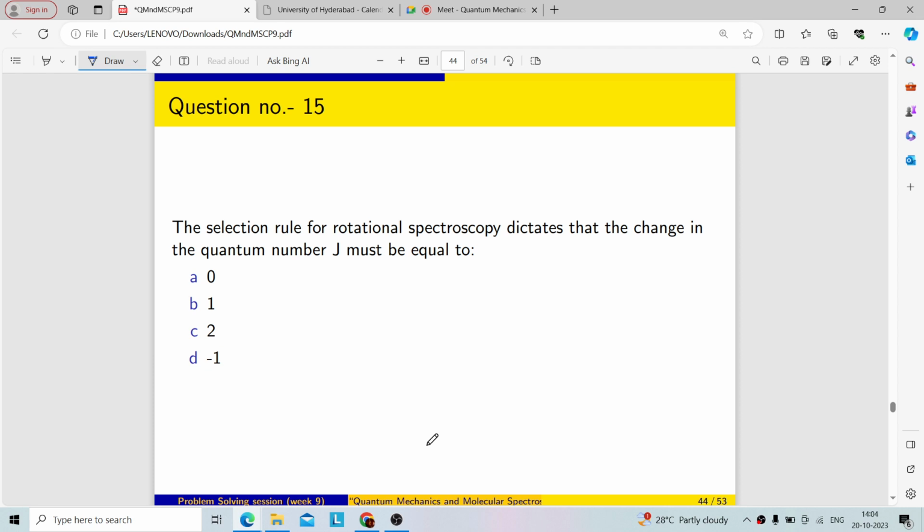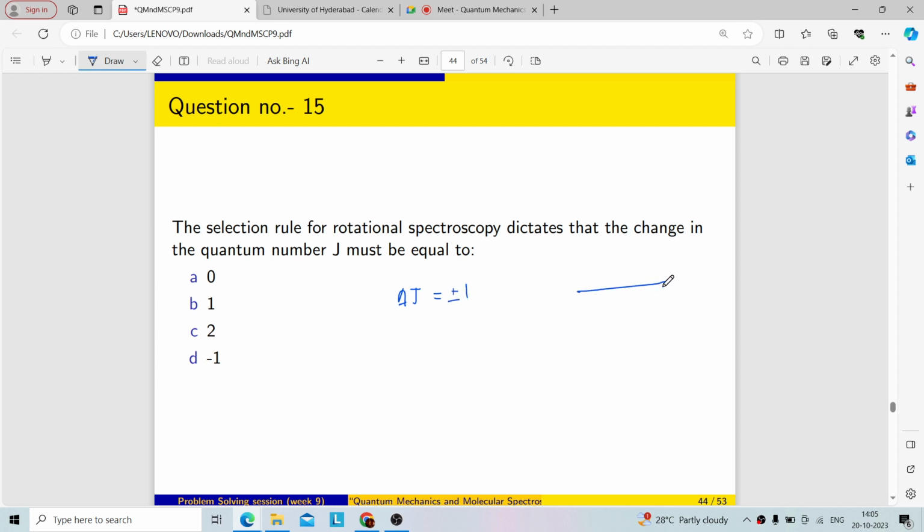So the selection rule for rotational spectroscopy dictates that the change in quantum number J must be equal to which one? According to the selection rule, the change in total angular momentum should be equal to plus or minus 1.